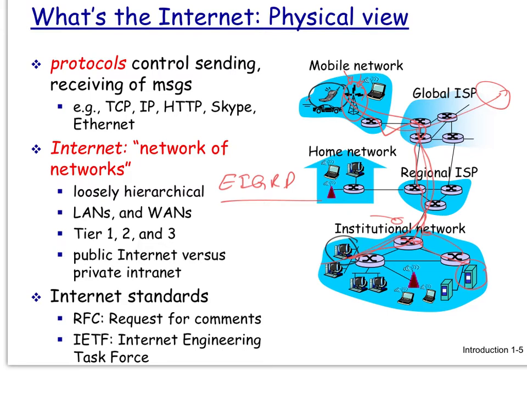So even though EIGRP was not a standard, 90% of all network devices were using it. Although it's not a standard, it's not publicly available. But recently, Cisco actually published the request for comments, or RFC, for EIGRP on the IETF website, and it was released as a standard. Okay? Is the difference understood? So these are basic concepts that we need to have in mind.